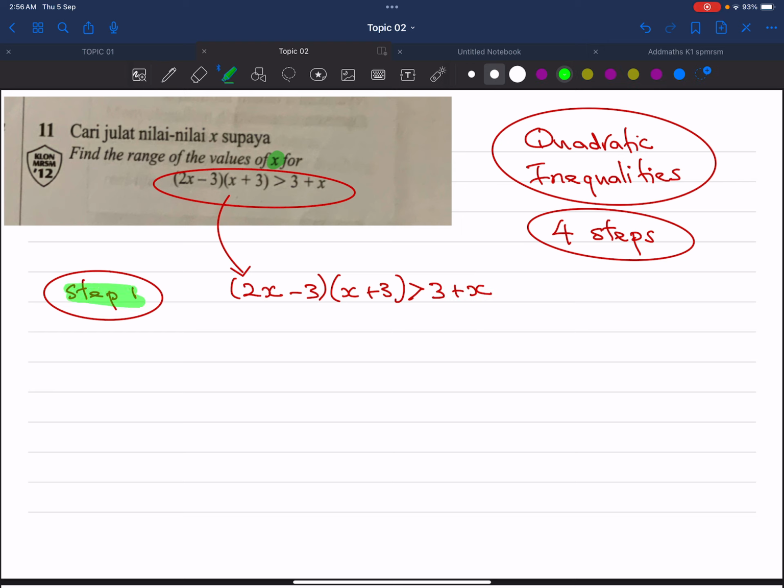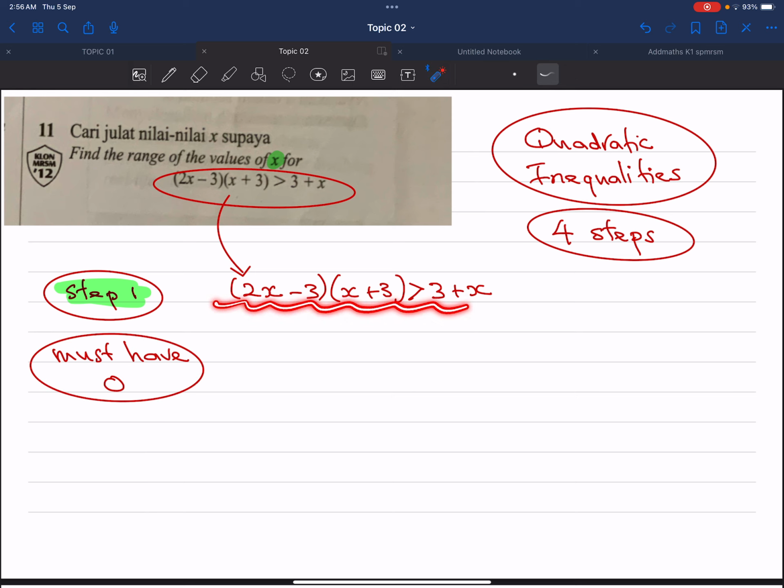In step 1, the expression must have a 0.